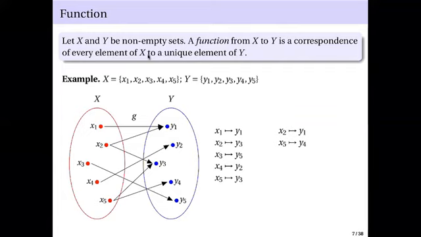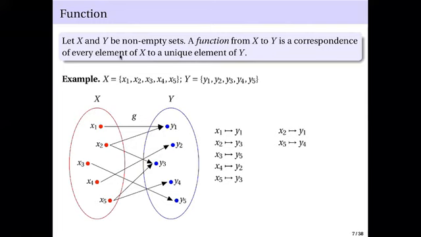But the other condition is that their partner must be a unique element of y, meaning they are only partnered to a single y. So this x2 here is partnered to y1 and y3. And also your x5 here is partnered to y3 and y4. So this x2 and x5 violate the uniqueness part.